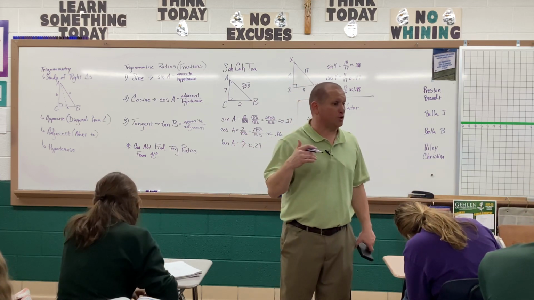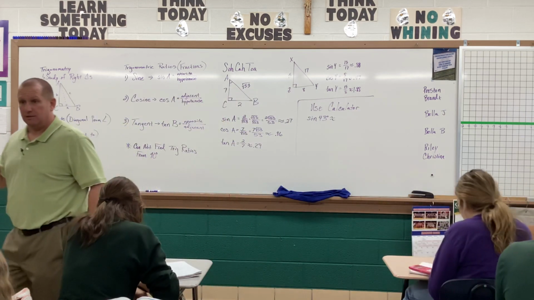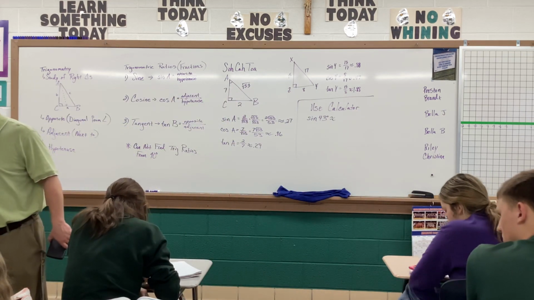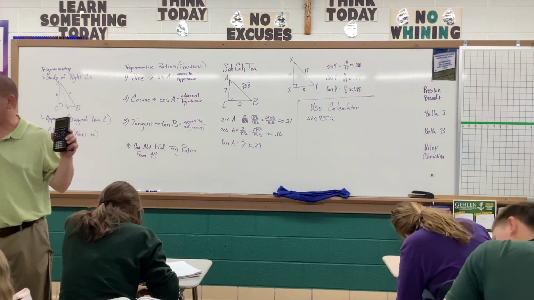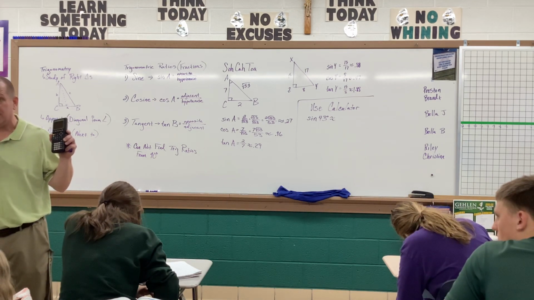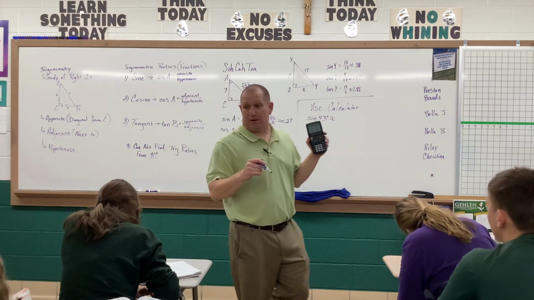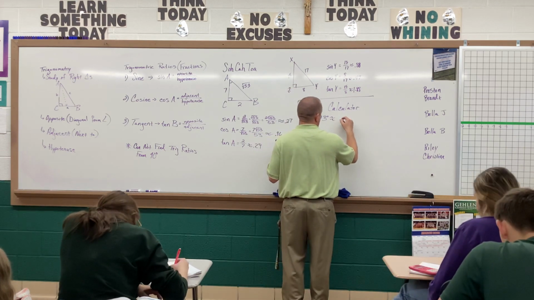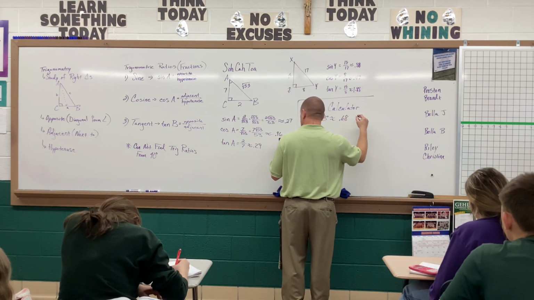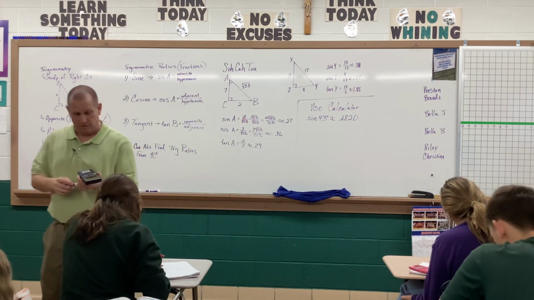If we're supposed to round to 4 decimal places, we need to look at the 5th number. If the 5th number is 5 or higher, we make the 4th number 1 bigger. If it's not, we leave the 4th number the way it is. So we would actually say 0.6820, and you really don't need that 0, but you can put it there.